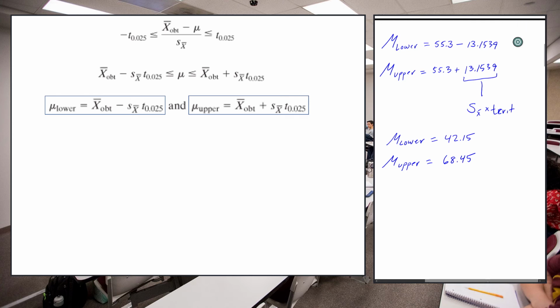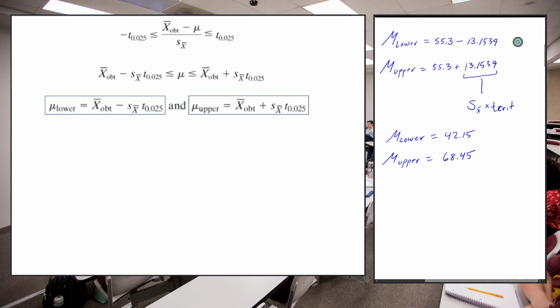Now, one key thing about confidence intervals is the wider they are, as you can imagine, the less confidence that we have in the precision of our mean estimate. But if a confidence interval is narrow and tightly fits around our sample mean, that means we have greater confidence in our estimate of the population mean. So how do we write this up?